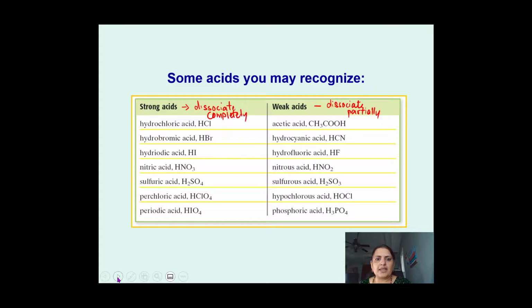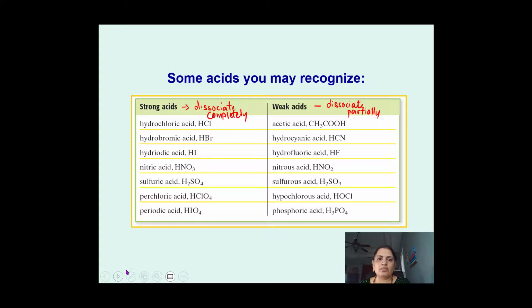So here are some examples of strong acids. Strong acids dissociate completely. That means they ionize in water. So for example, HCl becomes H plus and Cl minus. Whereas weak acids dissociate partially. That means only a few ions will dissociate in the solution.